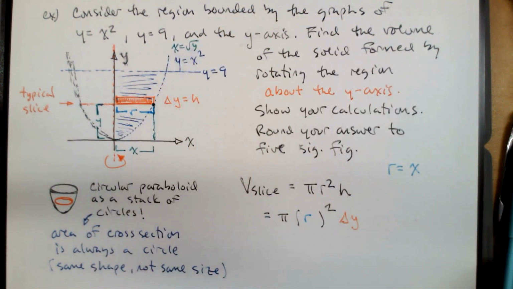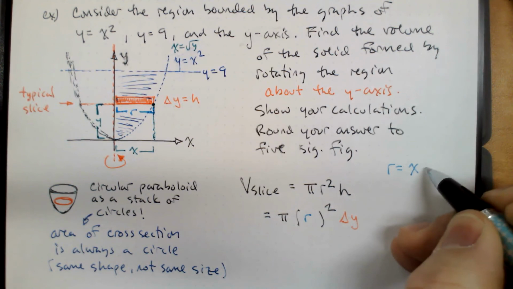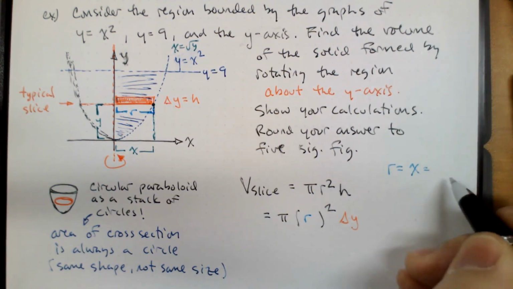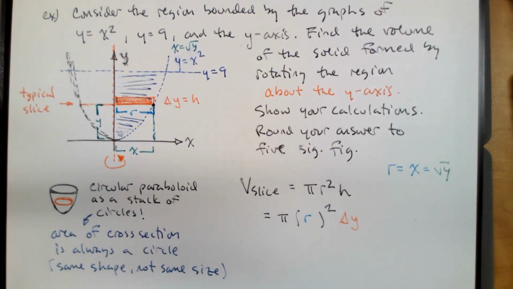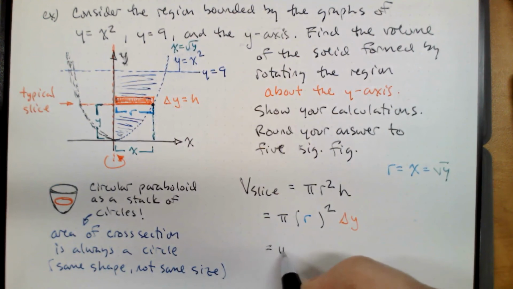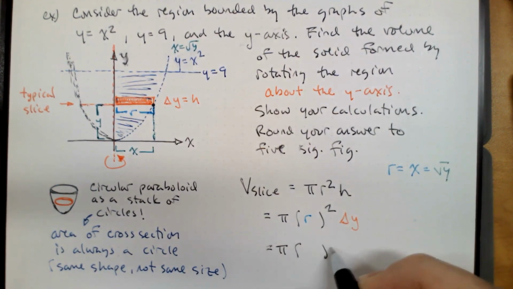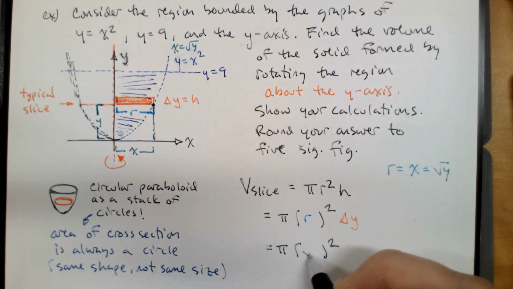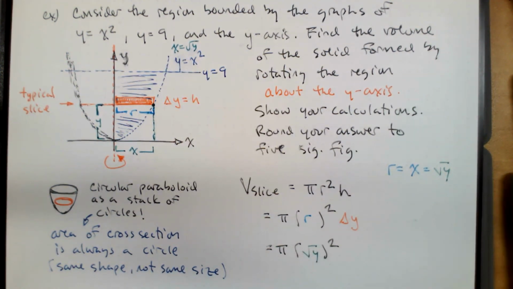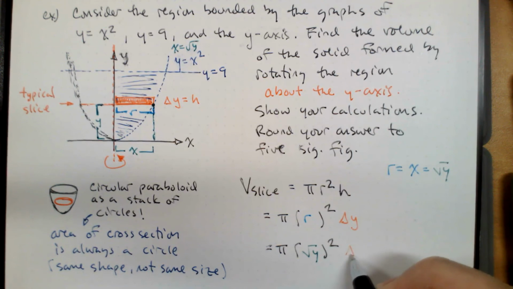So I can write r as the square root of y. So the volume of my slice is pi times the square root of y squared delta y.